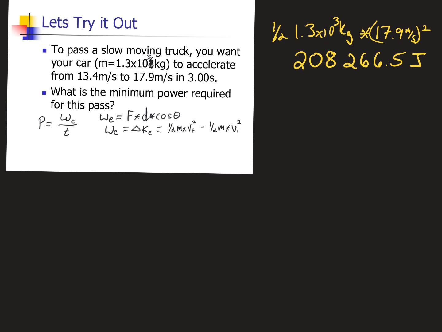Continuing right along, we will calculate then the initial energy. So 1/2 times the mass times the initial velocity squared.